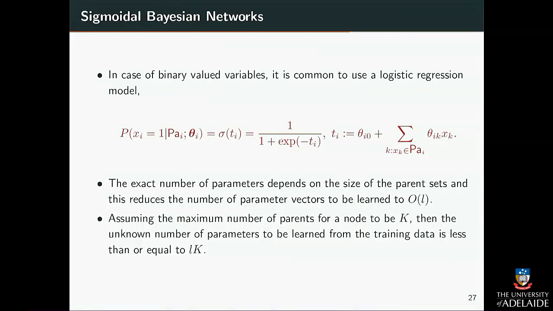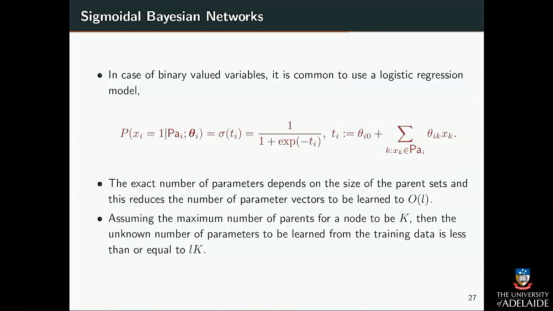So it could be success or failure, or the presence of a symptom given a cause, or stuff like this. So you have a certain set of parents, and the way you parameterize them is that this has an exponential denominator where the exponent is a linear combination of the random variables that are parents plus some constant, okay?